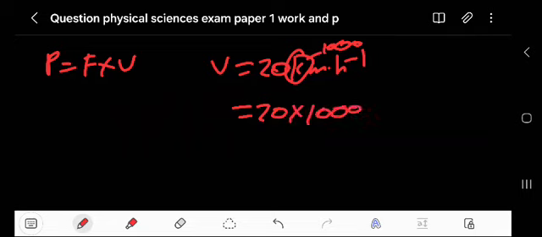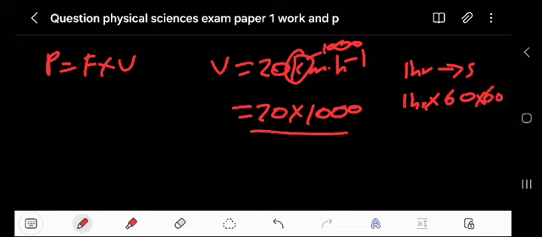Then 1 hour, when you multiply by 60 it becomes minutes, then multiply by another 60 and it becomes seconds. So we divide by 1 times 60 times 60.